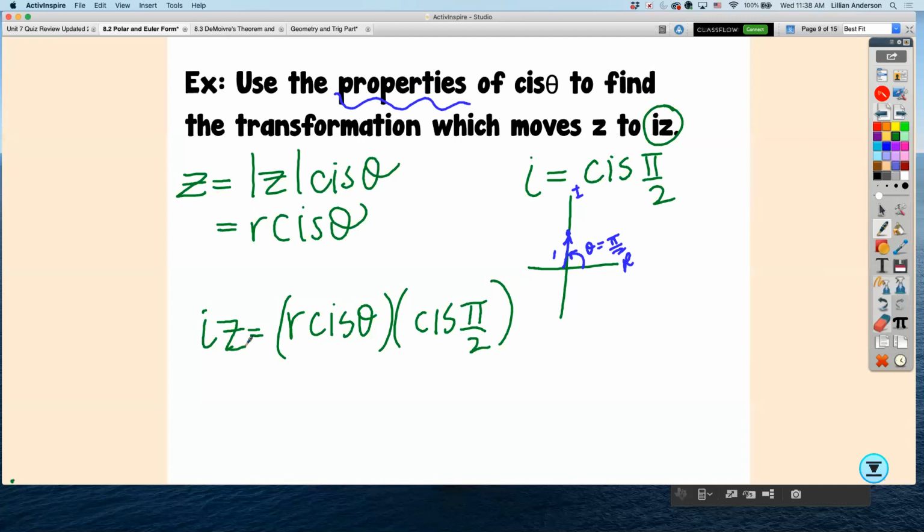That r is not going to affect the adding process of your angles, which are theta and pi over 2. So this right here represents the expression for i times z. And if you look between the original z and now i times z, you have a particular type of transformation.